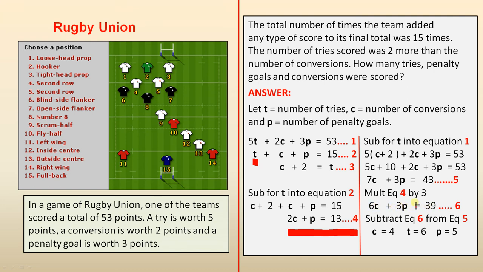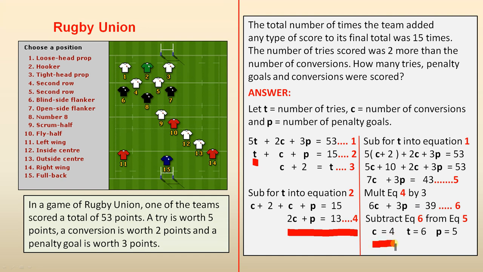The reason we did that, those 3 P's are the same, and as we saw in an earlier video, to eliminate the P, just subtract these 2 equations. 7C minus 6C is C, 3P minus 3P is 0, and 43 minus 39 is 4.